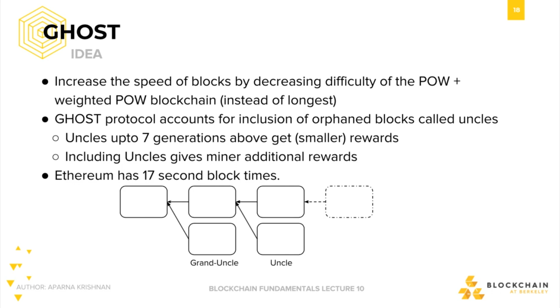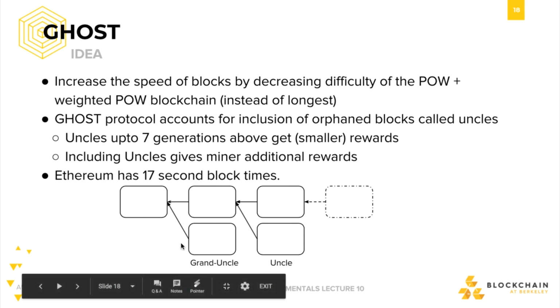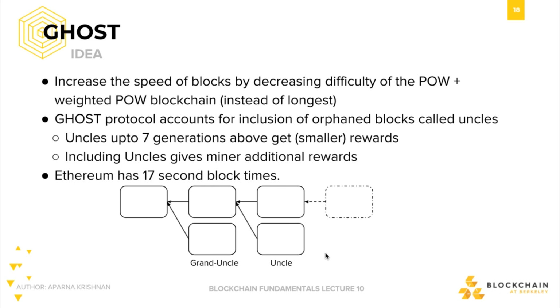Well, Ghost, which is Ethereum's proof of work, is basically a way to account for all these orphaned blocks. So orphan blocks are also called uncles, like we see out here. And Ghost basically decides to reward up to 7 generations of uncles.